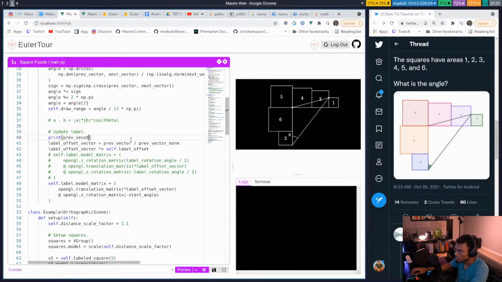Let's see. Okay, so that is in fact to the right. That's good. If I leave this empty... Oh, it's due to that rotation.